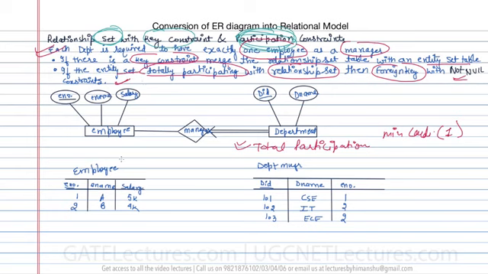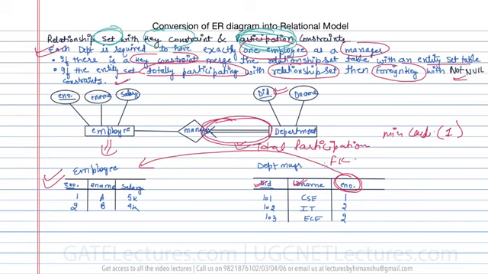Let us see what we have done. If you have a total participation here, then for employee we can create a table like this only, but for the total participating side, we are going to create this department ID, and the department name, and because it is a total participating side, we have to include a foreign key from this.